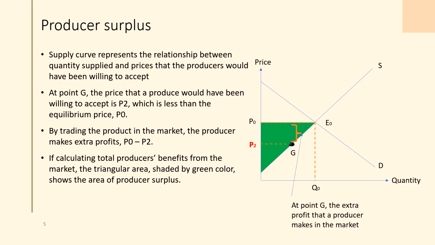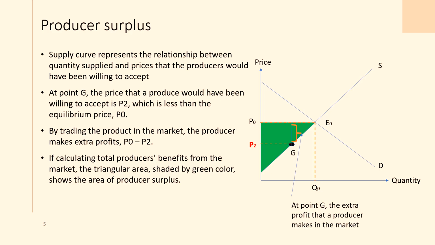Okay, now let's talk about producer surplus. The supply curve represents the minimum price producers are willing to accept. At point C, a producer is willing to accept the price P2, which is lower than the market price P0. But in the market, they receive P0, so they gain a benefit equal to P0 minus P2.